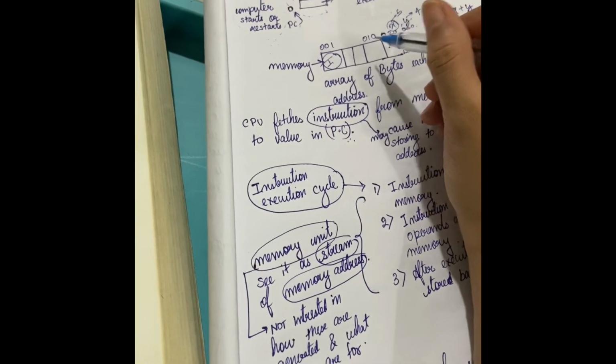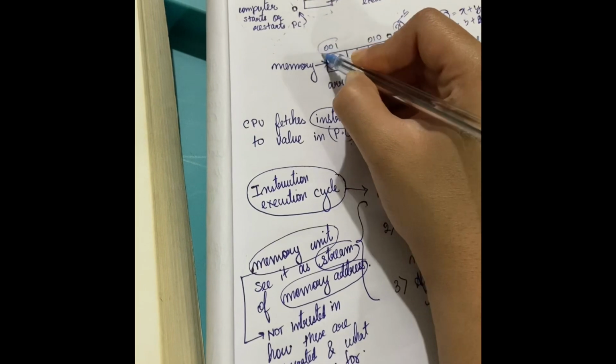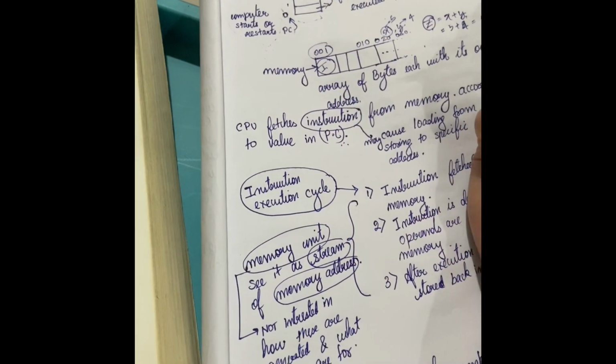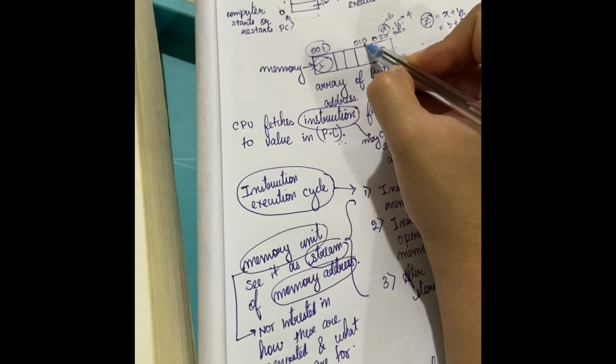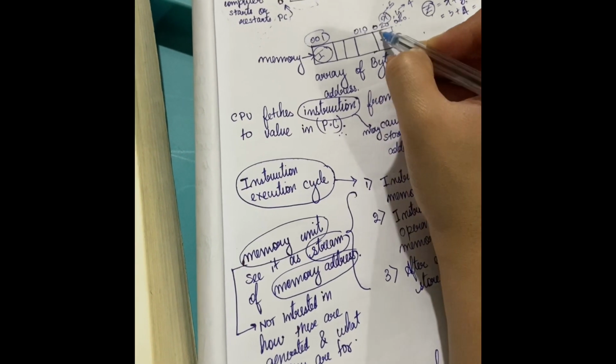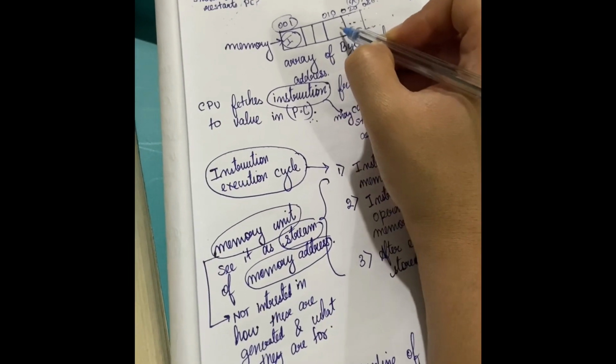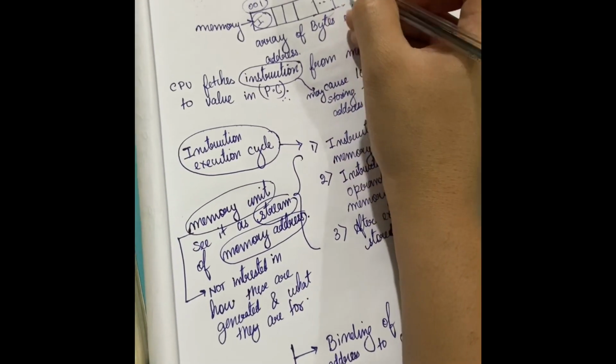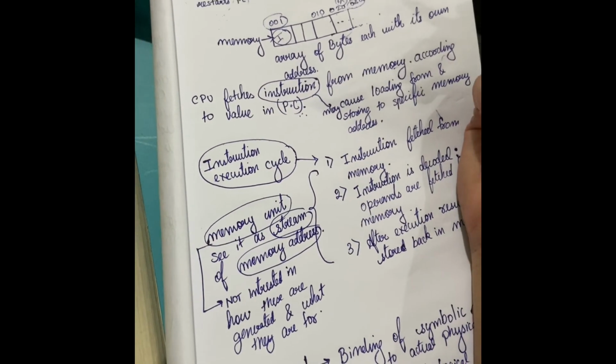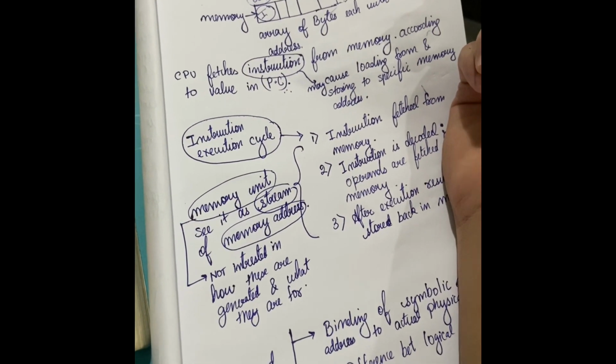It will just see that the instruction is at 001, it requires operands to be fetched from addresses 010 and 020, and after the operation it will store the value of z in 040. This is how the memory unit sees it.